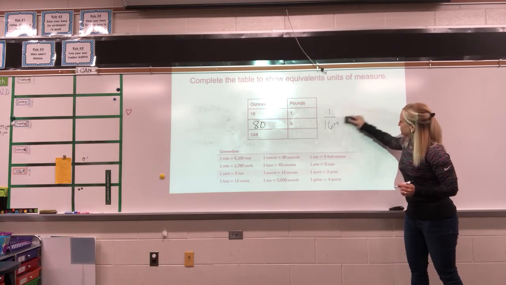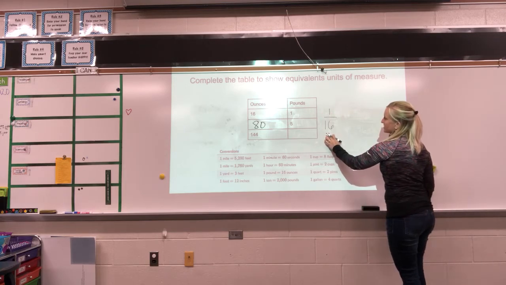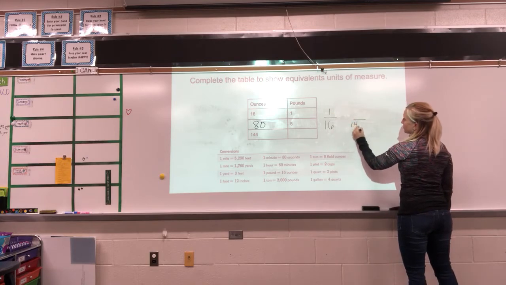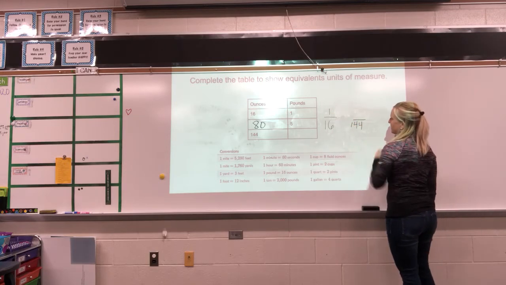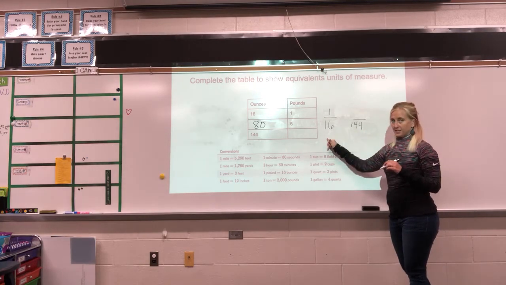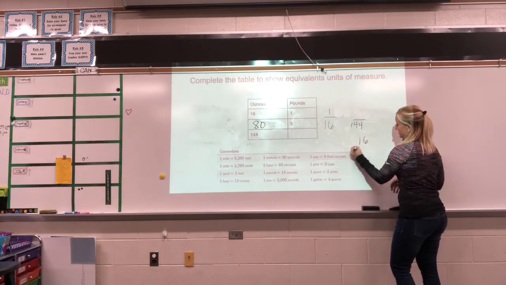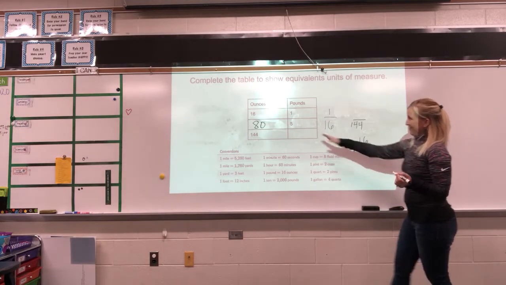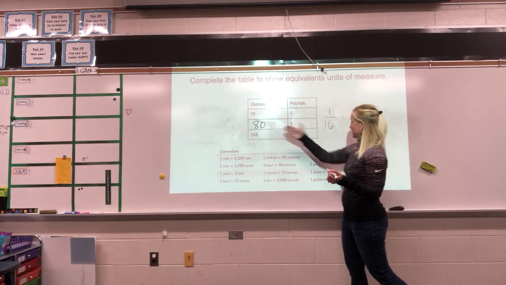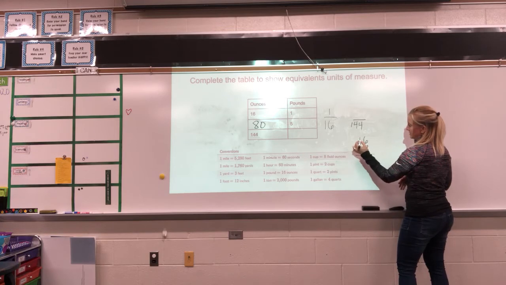And then I can use that same chart again. So 1 pound is 16 ounces. So 144 ounces is how many pounds? Well, you can divide that, 144 divided by 16, or if you like multiplication better, you can do your guess and check. So I'm going to try, if I know that 5 pounds is 80 ounces, I'm going to try 8 and say 8 times 6 is 48, 8 times 1 is 8, 9, 10, 11, 12.